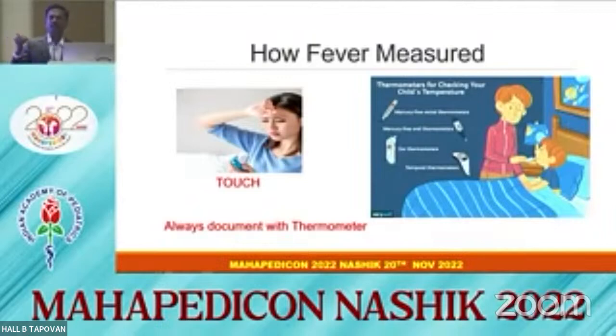If parents come with a history of 15 days of fever and have not documented it, and they go to the general practitioner and he also does not document the fever, and the fever is not reduced, the first thing you want to know is whether there is really a fever or not. If they don't document, how are you going to know whether there is fever or not? Dr. Bhupesh, you can tell.